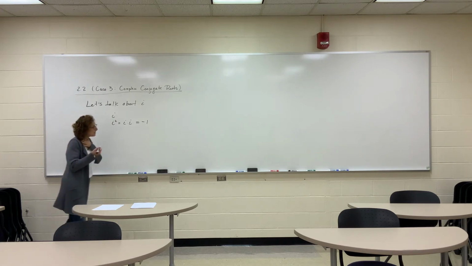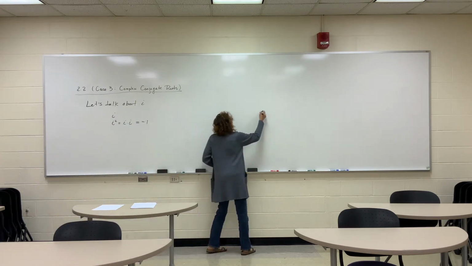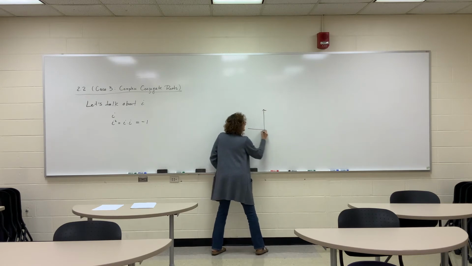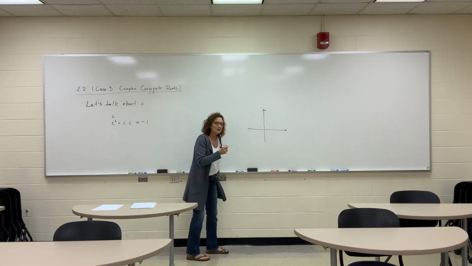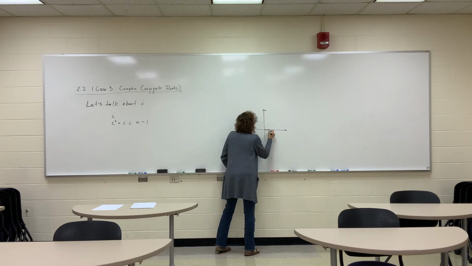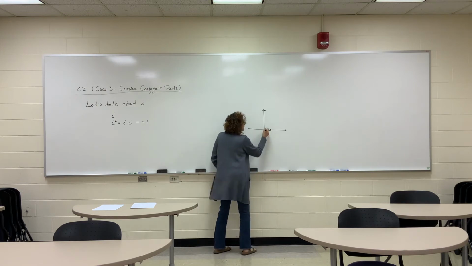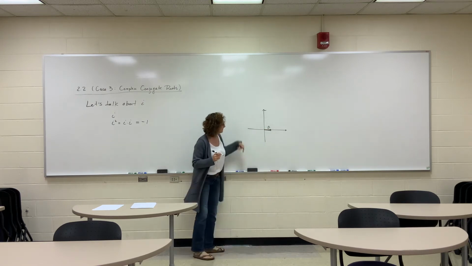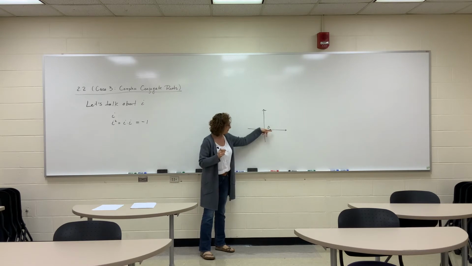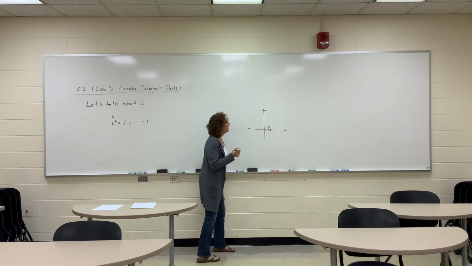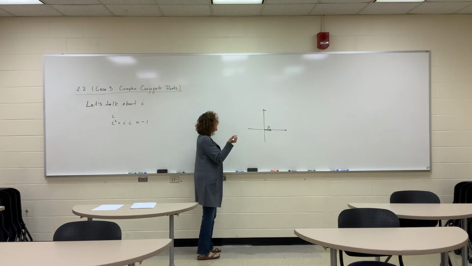But what is really going on with i? So let's just take a look. Suppose I have a vector, like say v, sitting right here, pointing in this direction with some length. Then what is iv? What does i do?